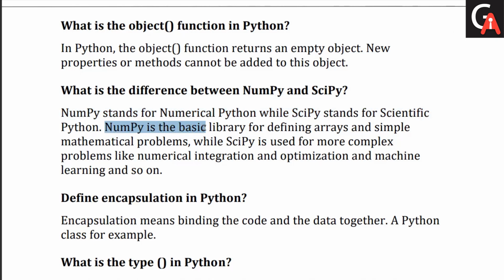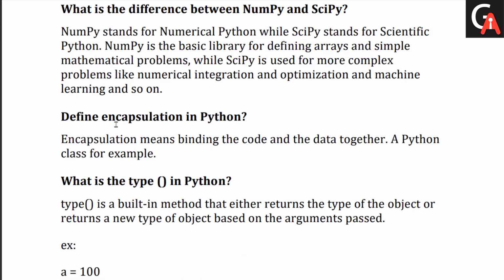NumPy is a base library for defining arrays and simple mathematical problems, while SciPy is used for more complex problems like numerical integration and optimization of machine learning and so on. All the machine learning algorithms you can find in the SciPy library. NumPy is basically a base library for efficient computation, with support for arrays and those kinds of things. So this is the difference between NumPy and SciPy.